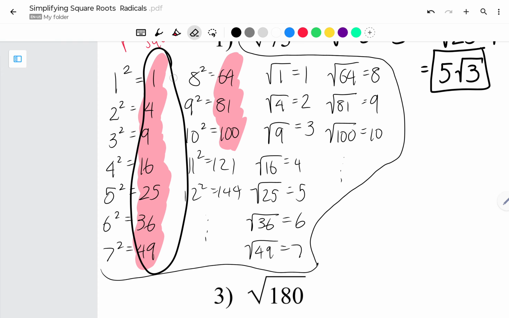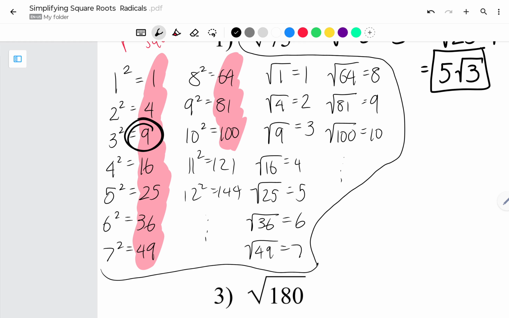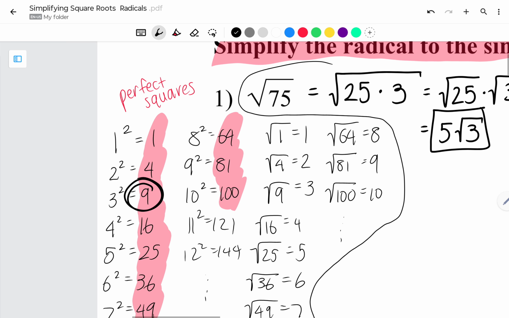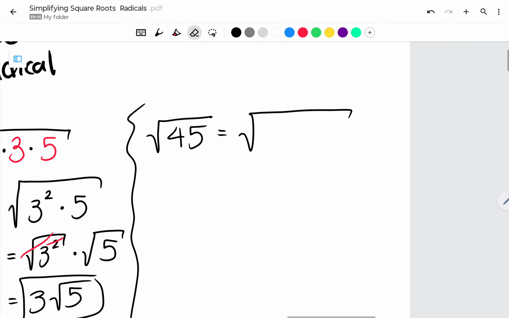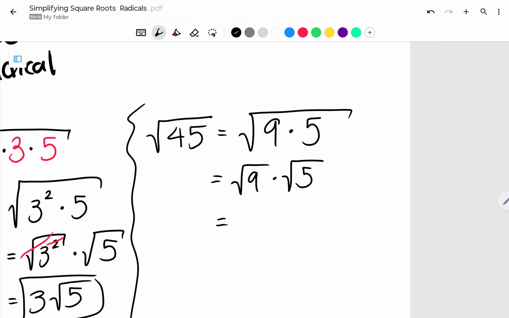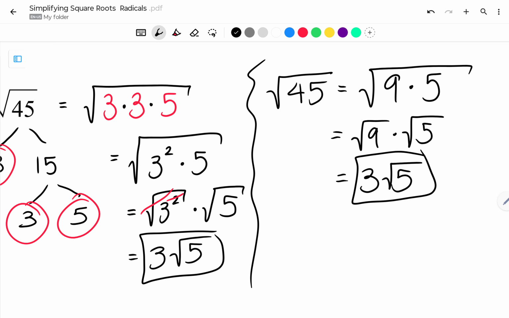Because I see 9 times what is 45? Right? If you're thinking 5, good job, right? You could also do 45 divided by 9 to get 5. So I know 9 is going to be one of my factors that'll help me. So I can split up 45 into 9 times 5. And then I specifically chose 9 because when I split it up like this, it's going to be 3 square root 5. Right? So either way it works.